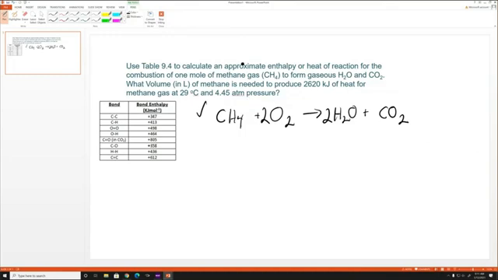So now we need to calculate the enthalpy of formation. Next, we need to do the sum of the bonds broken minus the sum of the bonds formed.